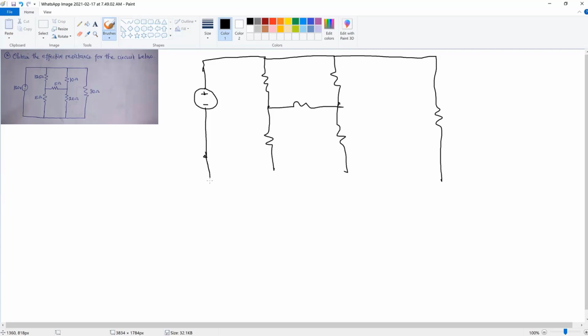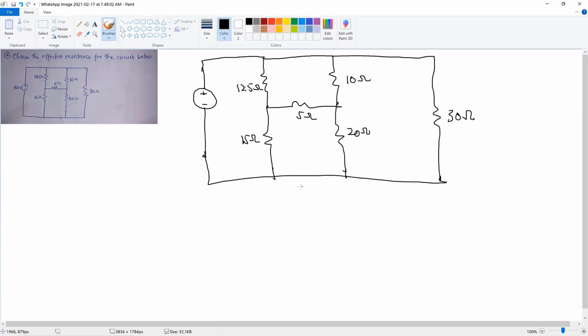So now we can go ahead and name all the resistances. This is our 12.5 ohm resistor, our 15 ohm resistor, 5 ohm resistor, 20 ohm resistor, 10 ohm resistor, and then our 30 ohm resistor.